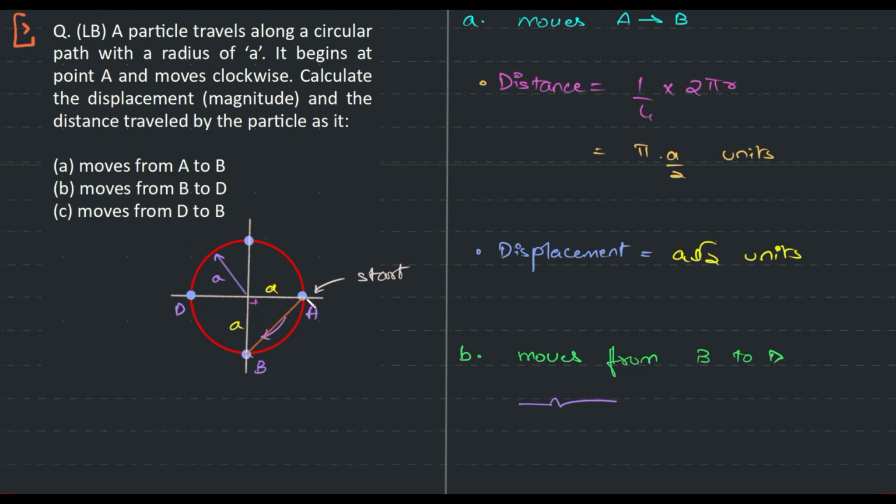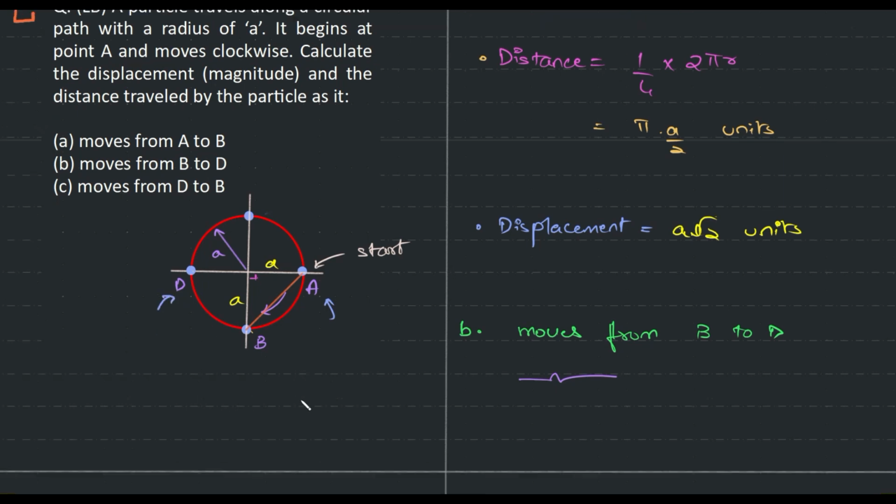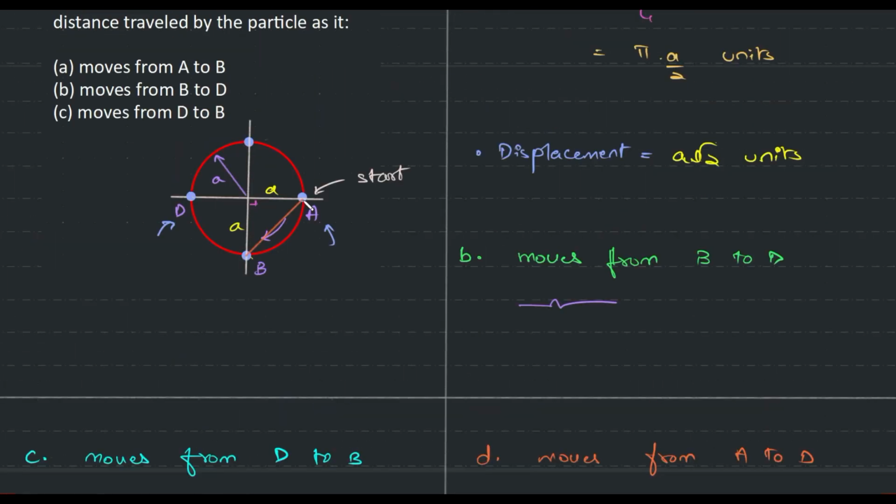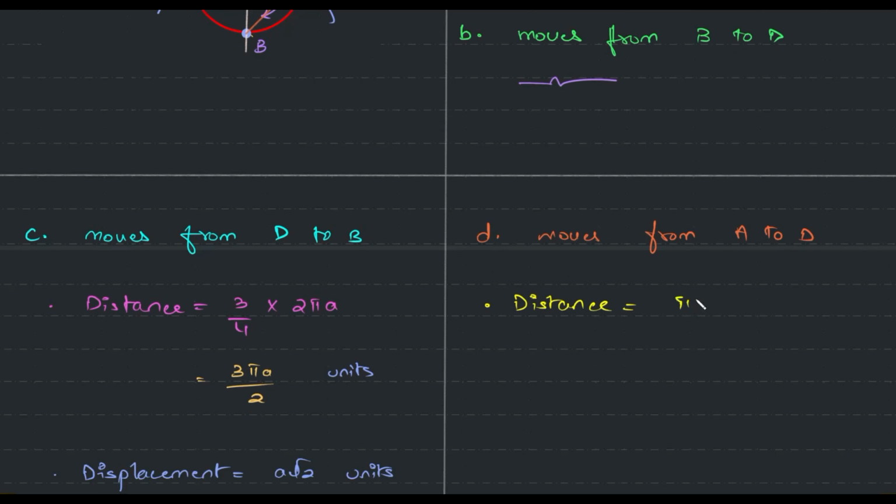Okay, I just have one more question for you guys. What is the displacement when the object moves from A to D? I'll write that over here. When the object moves from A to D, look at the distance, A to D. It's the semi-perimeter.